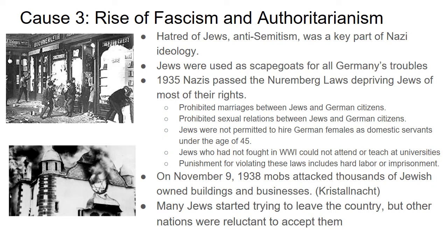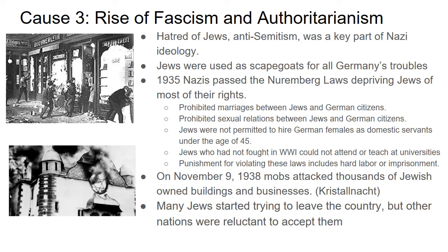Jews were seen as outsiders, and Germany is all about nationalism at this point. The Nazis are all about nationalism and the greatness of Germans, and so having this sizable group of outsiders within their country is seen as harming this national strength. So Hitler had espoused this hatred for Jews long before he became chancellor.